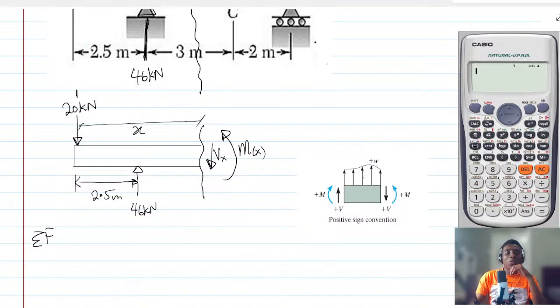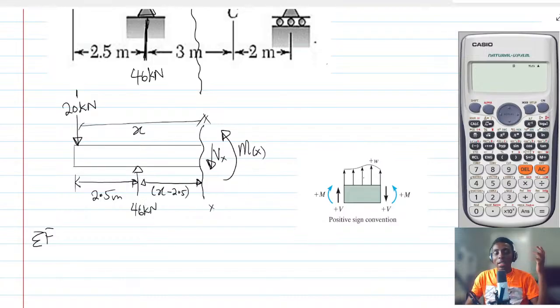So if from 20 to the section is x, and then from here to here is 2.5, then we can say that this one will be X minus 2.5. All right, so we expect that this point will be X minus 2.5, right?